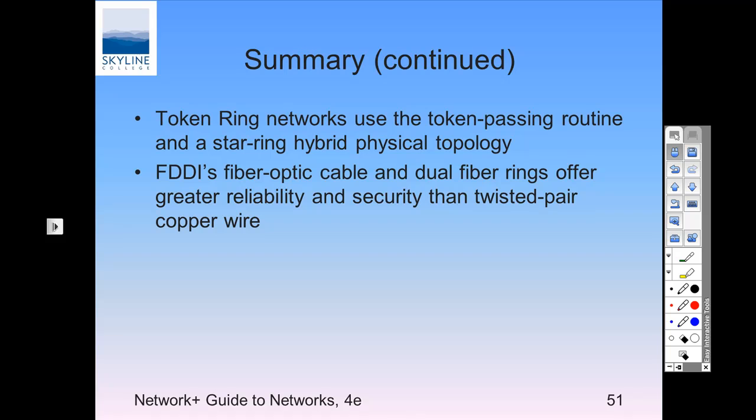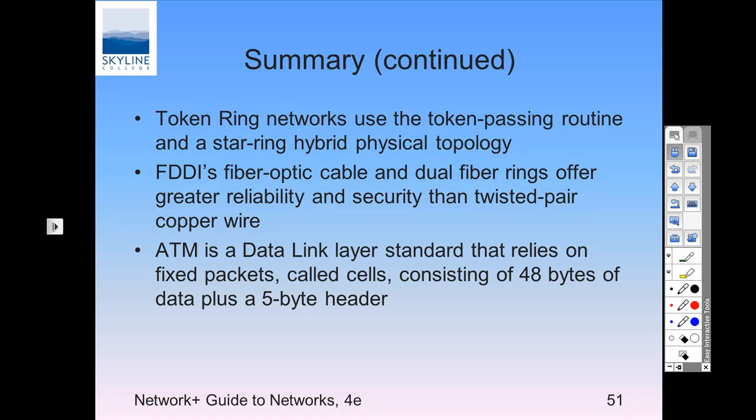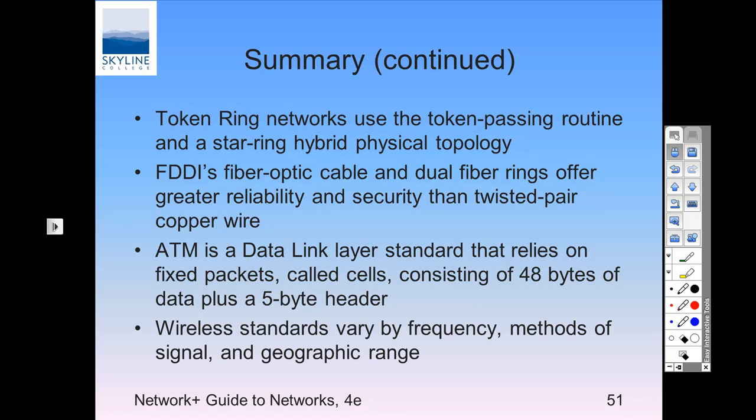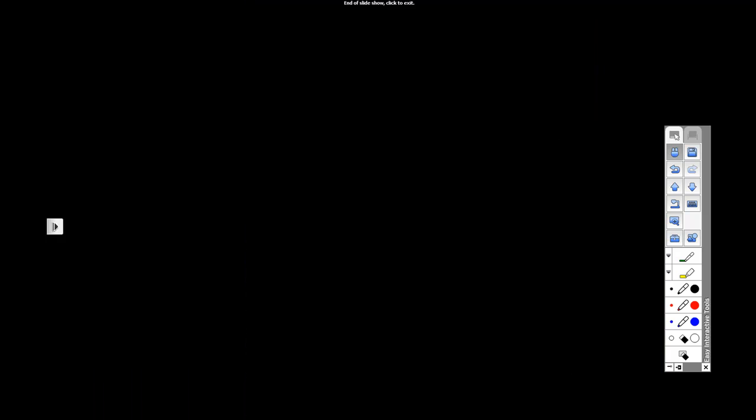FDDI is an old standard, a counter-rotating ring. ATM uses 48-byte cells, and it's also what frame relay uses. It's a packet switched network. Not the place you get money, but asynchronous transfer mode.